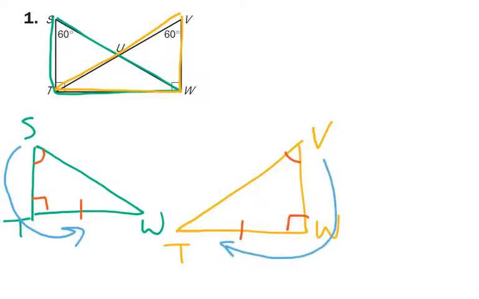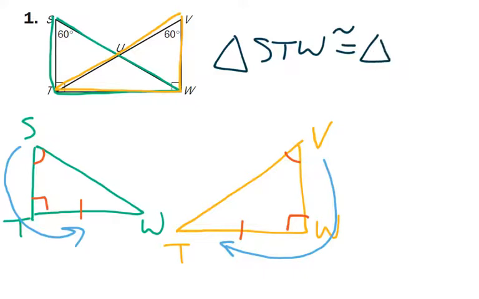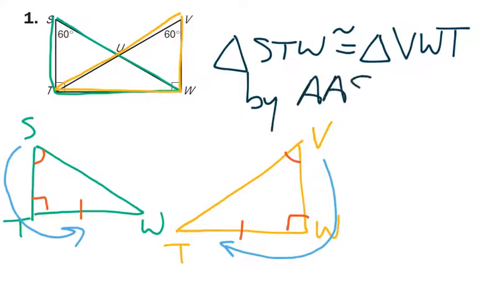And double check, the side is next to the right angle, so it is the corresponding one. So yes, we can say that triangle STW is congruent to triangle VWT by angle, angle, side.